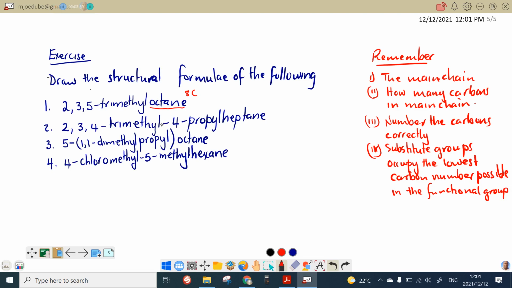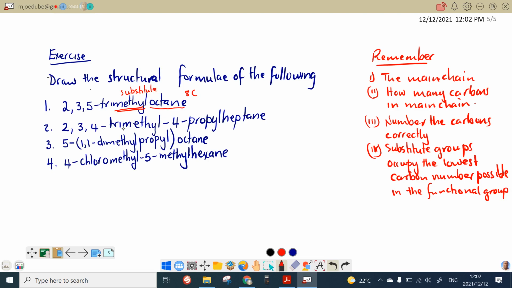The idea would be to represent that in as straight a chain as possible, and then from there start numbering your carbons, and then you would be able to identify the substituent groups. What are the substituent groups that you have? You've got the methyl group as a substituent.